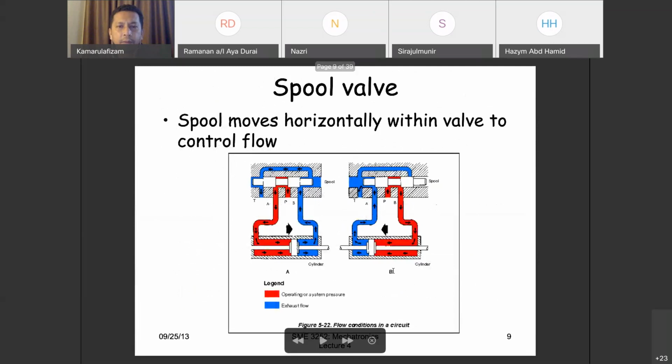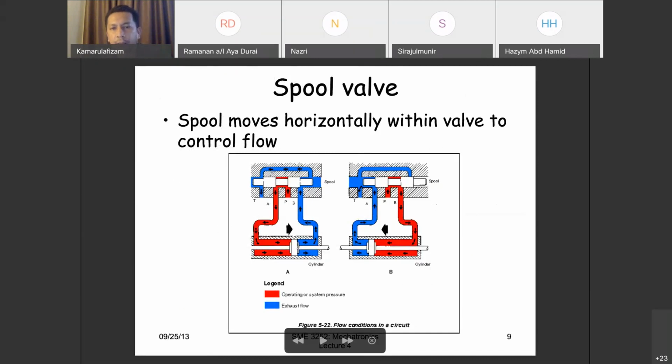This is spool valve. Spool valve ni move secara mendatar within the valve to control flow. And spool ni biasanya dia bergerak ke dalam ataupun keluar secara melintang. So kalau dia bergerak ke kiri, dia will tutup liang-liang ni, dan dia akan tutup certain liang dan dia akan buka certain liang.